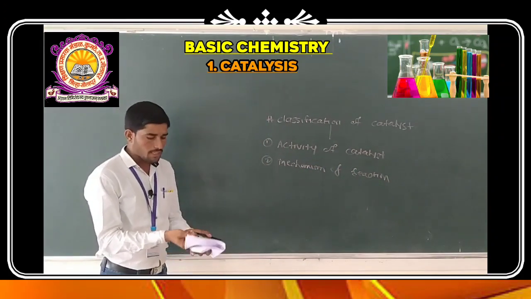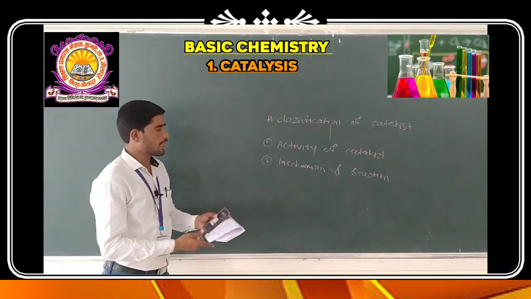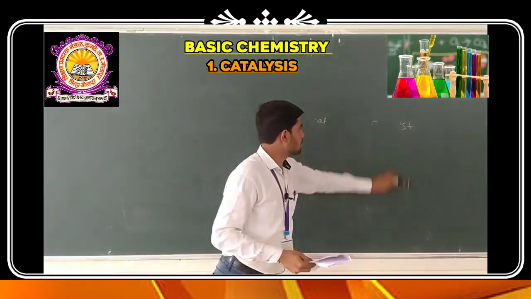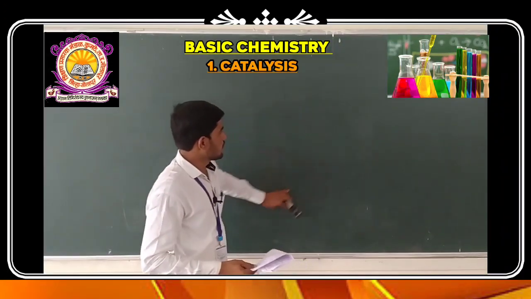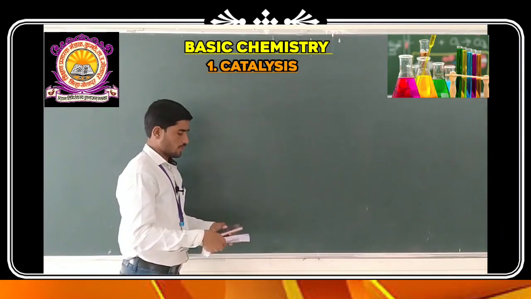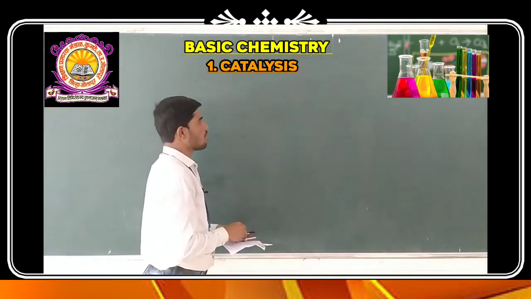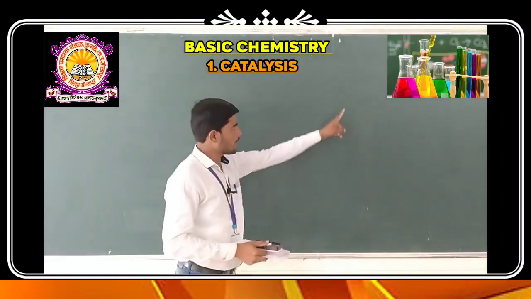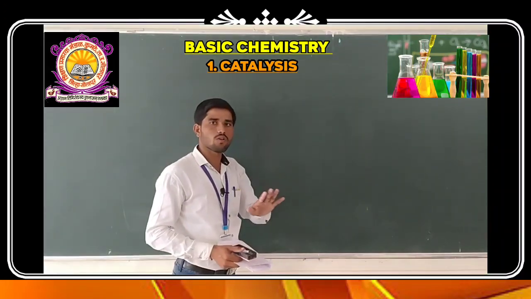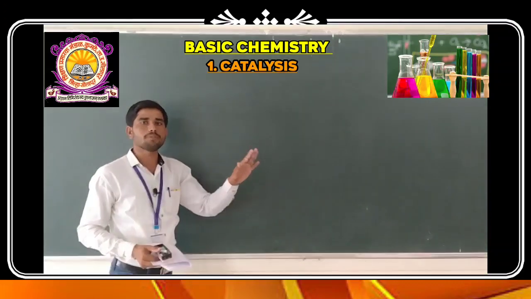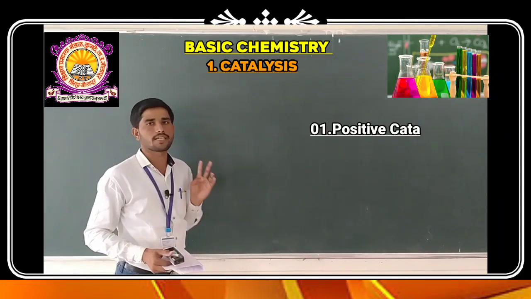So on the basis of activity of catalyst, how the catalysts are divided we will see in this concept. At first, on the basis of activity of catalyst, catalysts will be divided into two different types.